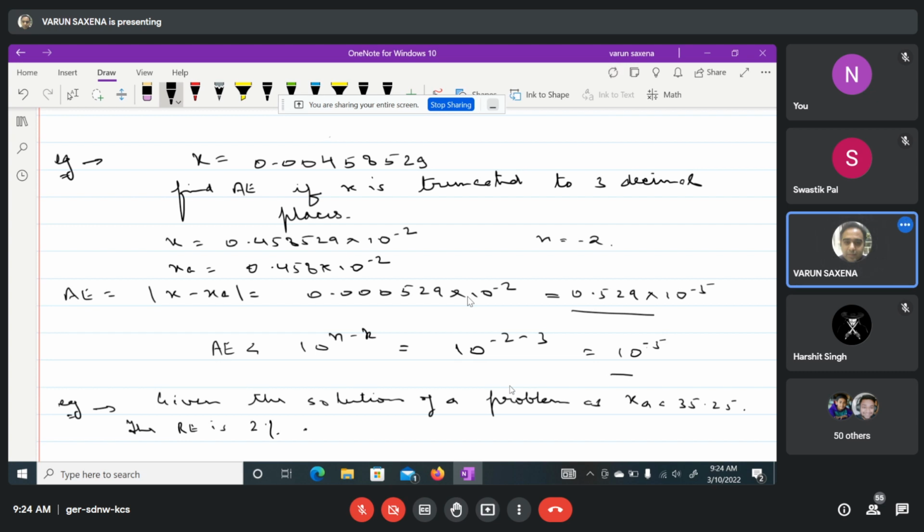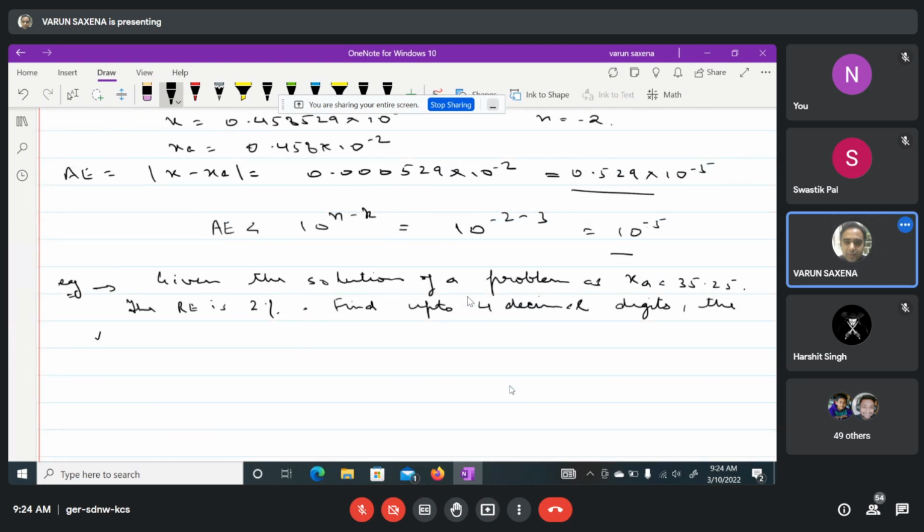Find, up to 4 decimal digits, the range of values within which the exact value of the solution must lie.